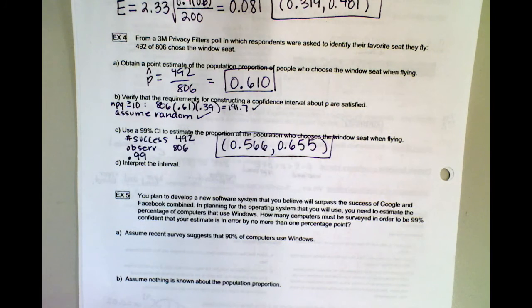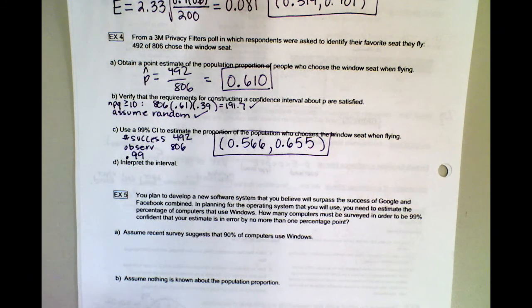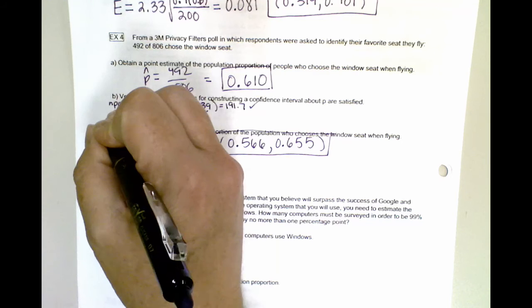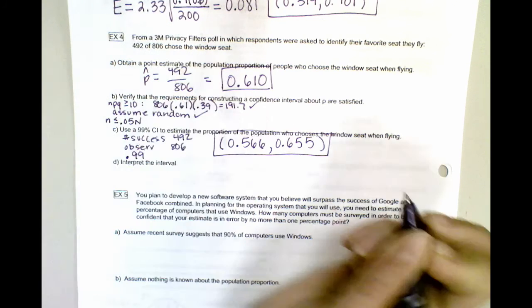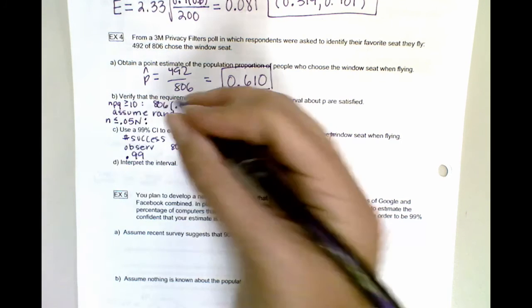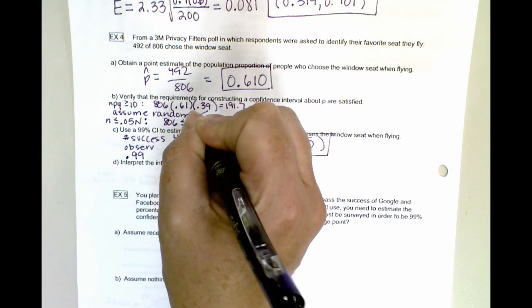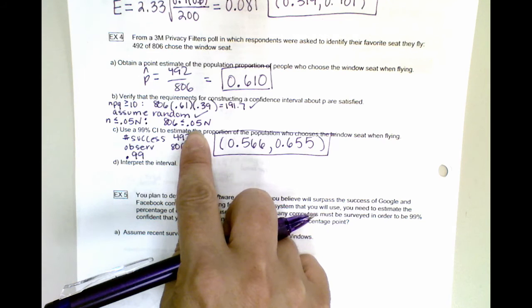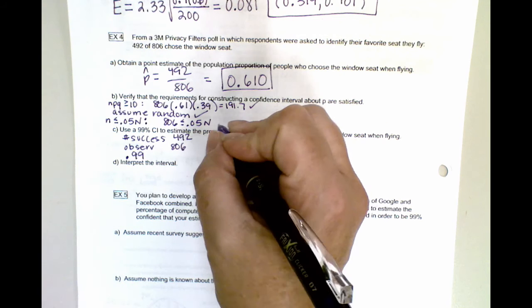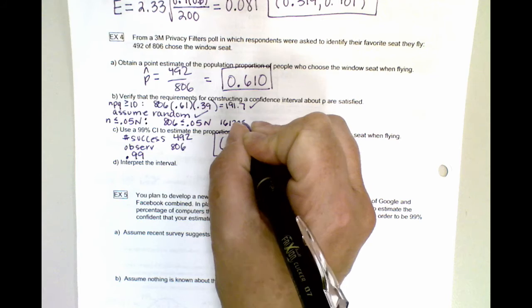And then the other thing we have to check is that the sample size is less than 5% of the population. So n less than or equal to 0.05 capital N. So 806 less than or equal to 0.05 N. If I solve this for N, that would give me 16,120.